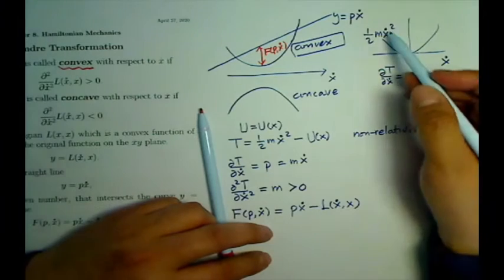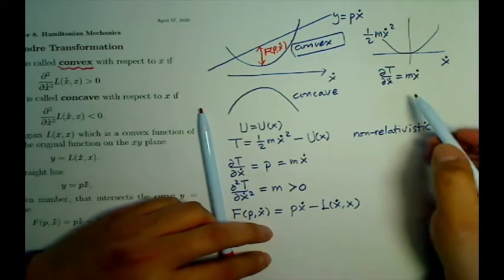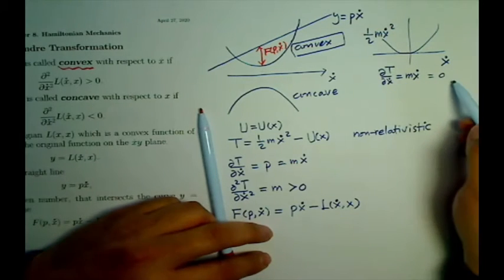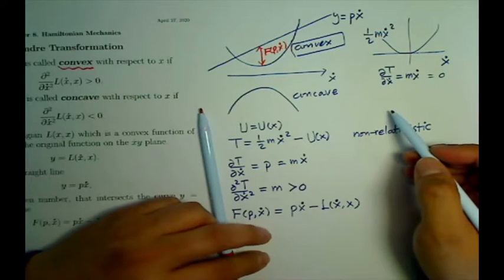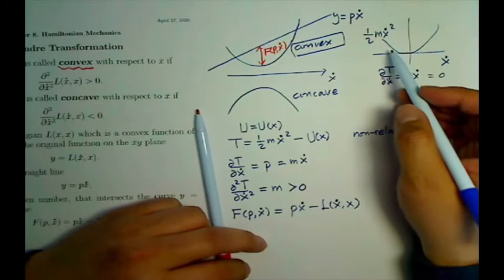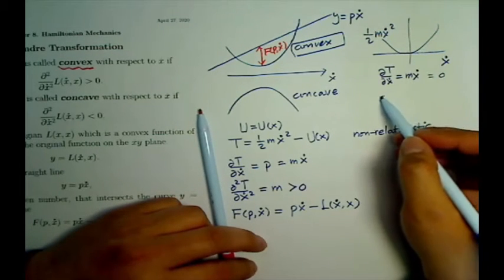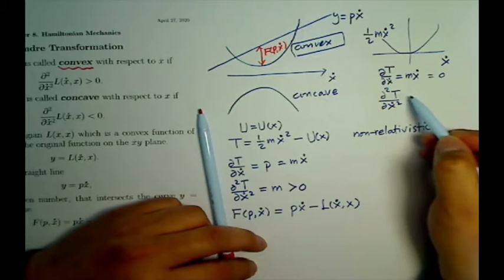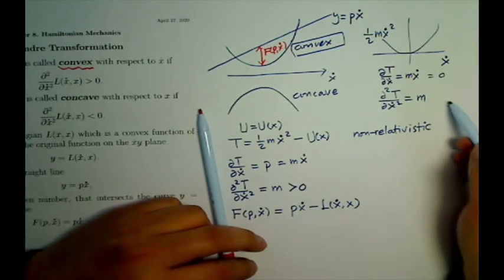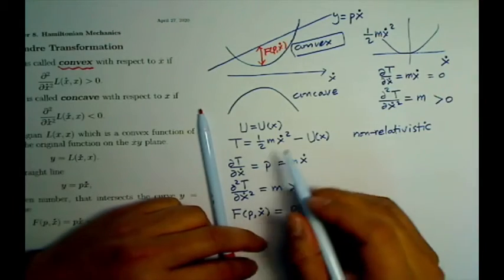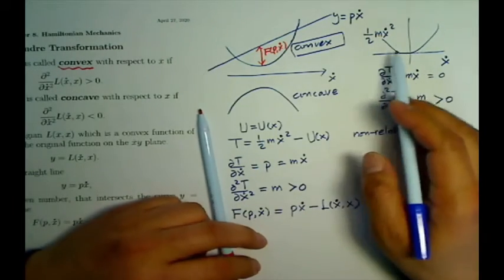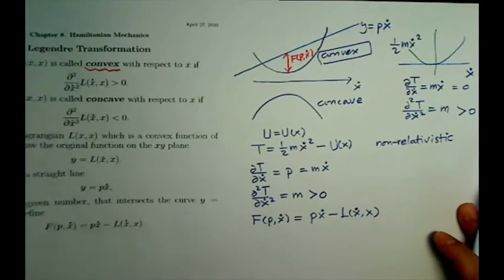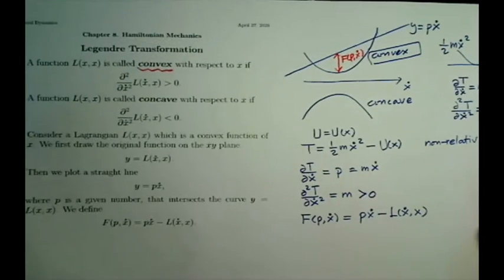And the minimum value, there is a local minimum value. That is the case where this slope becomes 0. To determine whether it is convex or concave, we take another derivative with respect to x dot. Then we have mass m, that is positive. So our non-relativistic kinetic energy is a convex function with respect to x dot.